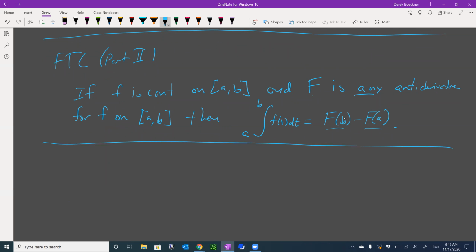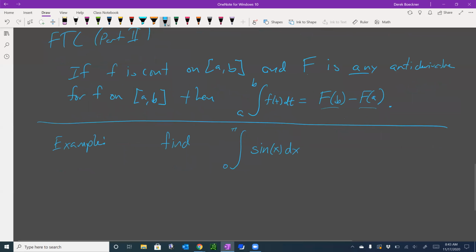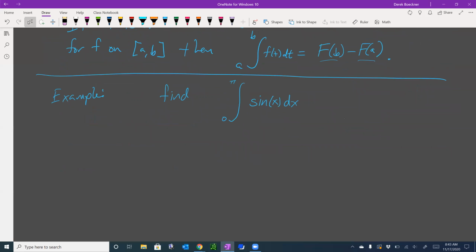Okay, so let's see an example of that. So I want to find the integral from 0 to pi of sine of x dx. So if I draw my picture, there's my sine curve. This is pi, this is 0. So I'm looking for the area under one lobe of the sine curve.